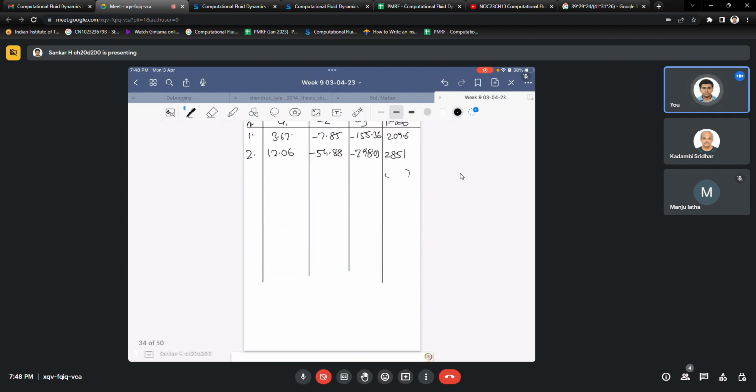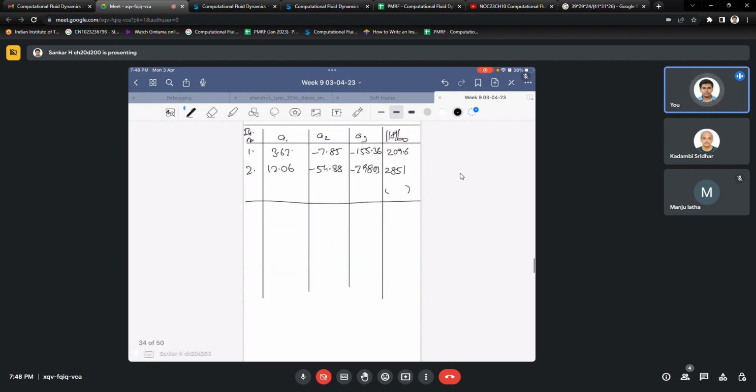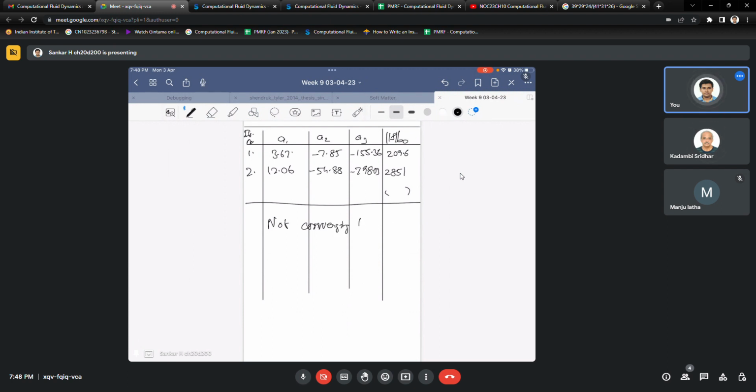So the point I wanted to make is, in this calculation we won't be able to get a converging solution, mainly because the diagonal dominance is not satisfied.